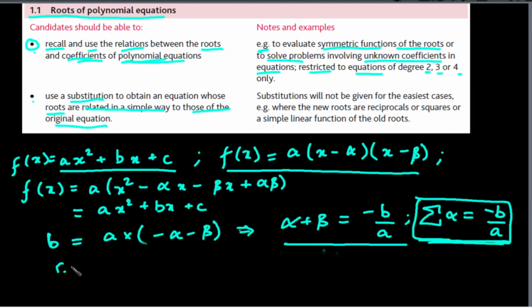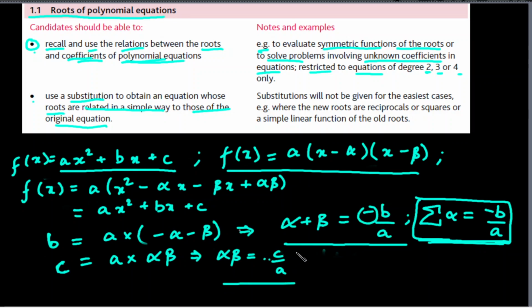So we just say c equals a times alpha beta on the inside. Okay, this implies that alpha beta equals c by a. Notice how the negative sign here is missing, because basically it's sort of alternating, you could think about it.